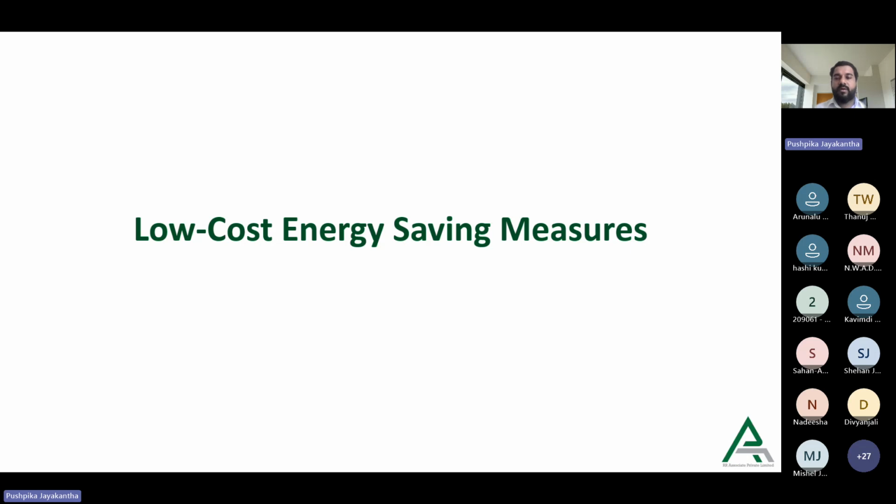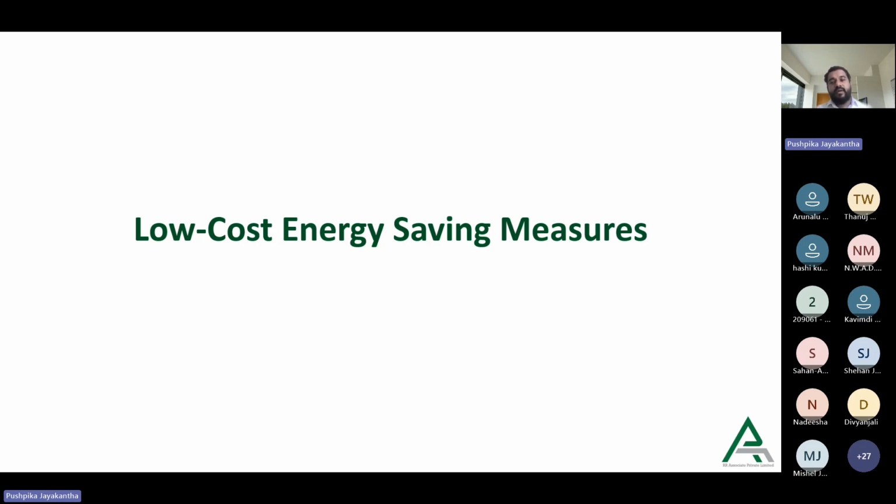So now let's move on to low cost energy saving measures. These are often the fastest and most cost-effective method of improving energy performance. These actions do not require expensive equipment replacement.